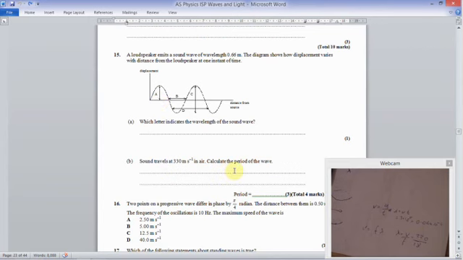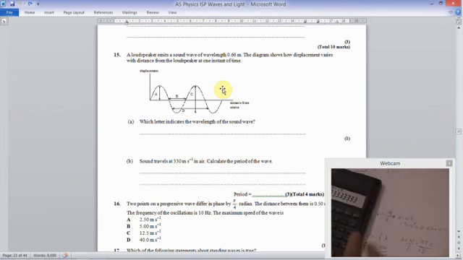Calculate the period of the wave. Well, they've got over here the wavelength, so therefore we can figure out the frequency, and then from the frequency figure out the time period. So if we look back at our equation from before, frequency, if we rearrange, is going to be v over lambda, so that's 330 divided by 0.66 meters. 330 divided by 0.66, so that's 500.